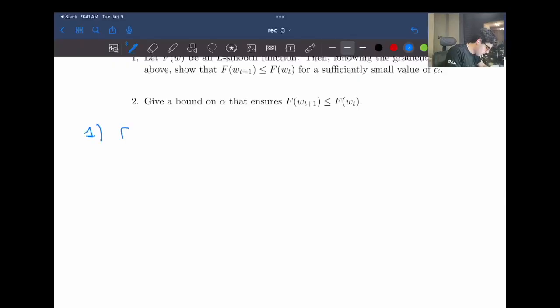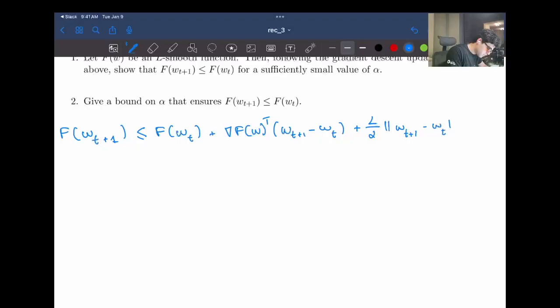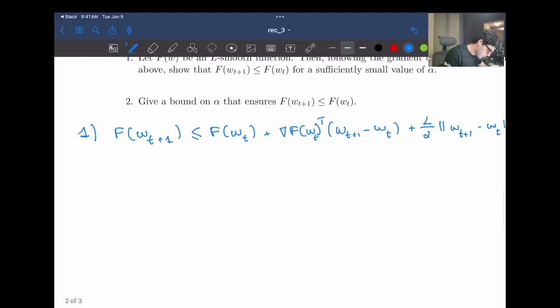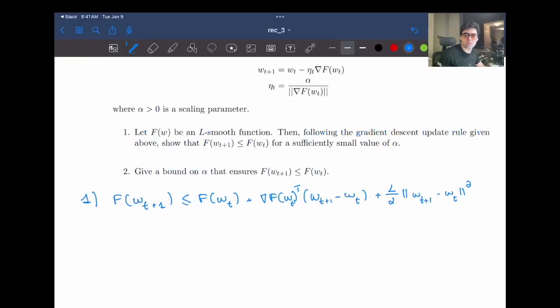Well, we defined L-smoothness to be when this holds: f of w_{t+1} is at most f of w_t plus grad f of w_t transpose times the update, plus L over 2 times the squared norm of the update. And that's great.